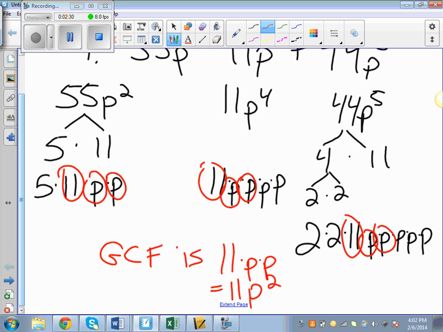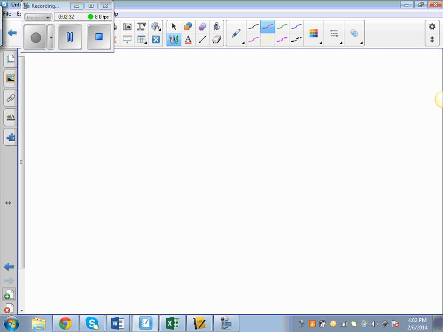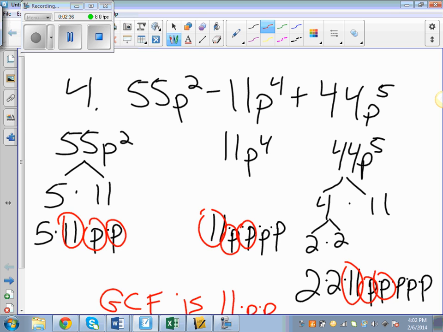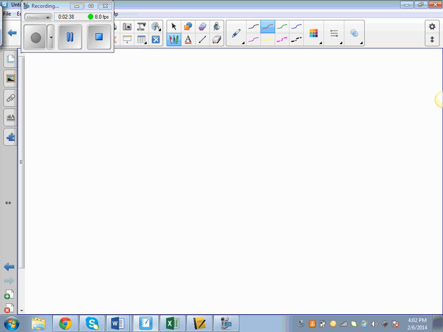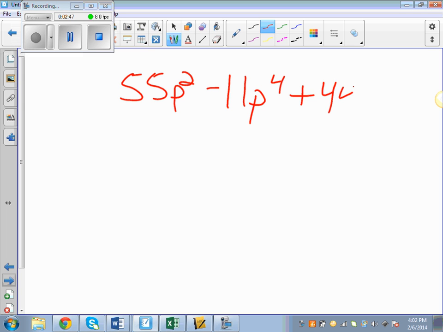So let's pull this up on another screen. We said we had, take a look at it again, 55p squared minus 11p to the 4th plus 44p to the 5th. And we said our greatest common factor was 11p squared.